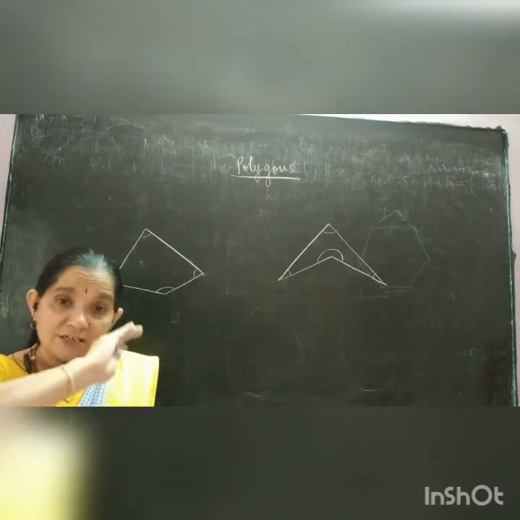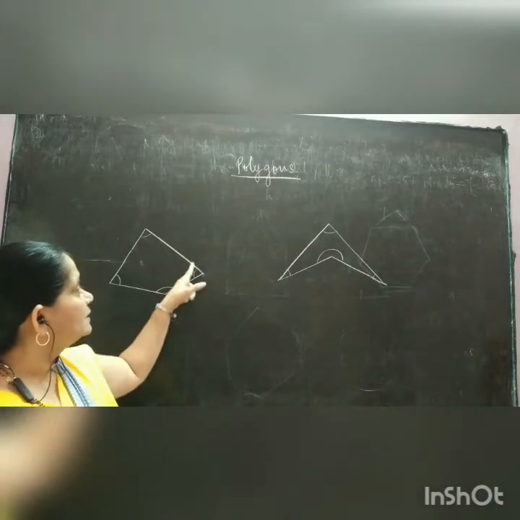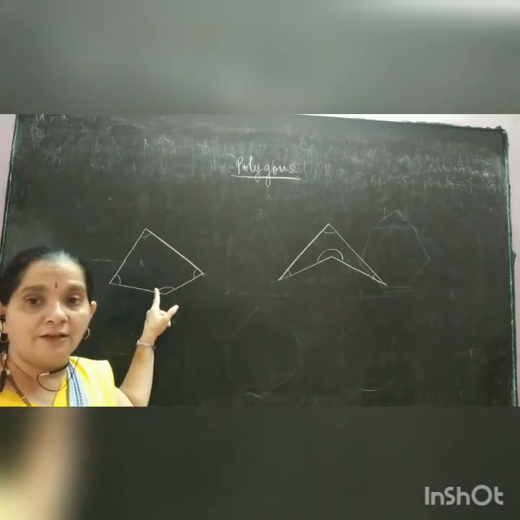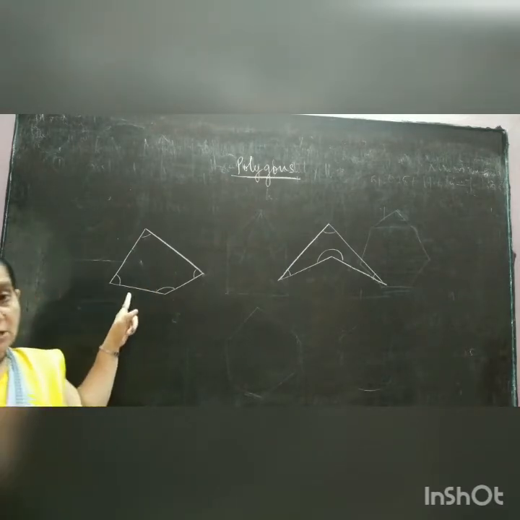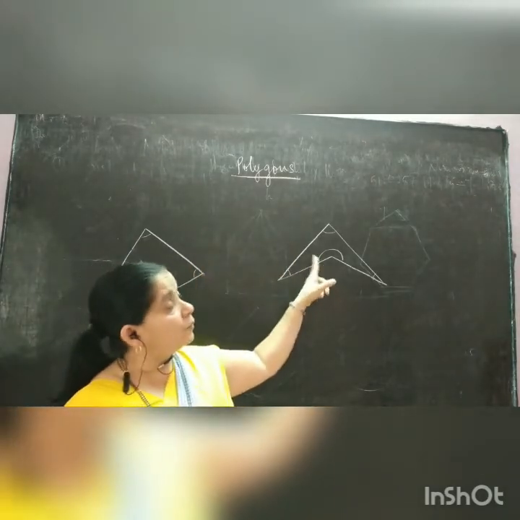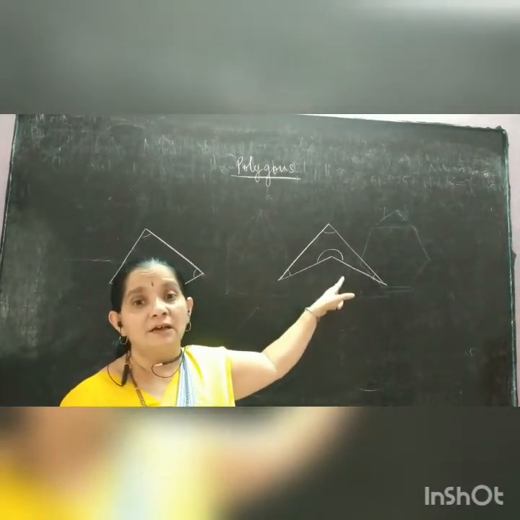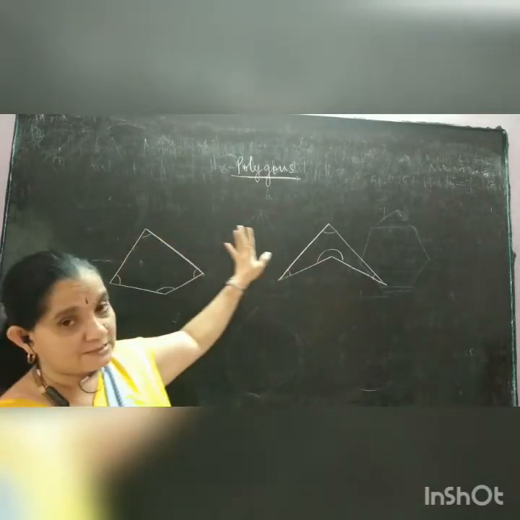So it is reflex angle. Here all the angles measure less than 180 degree. So interior angles measure less than 180 degree. In this, one of the angle is a reflex angle. So there is difference in these.